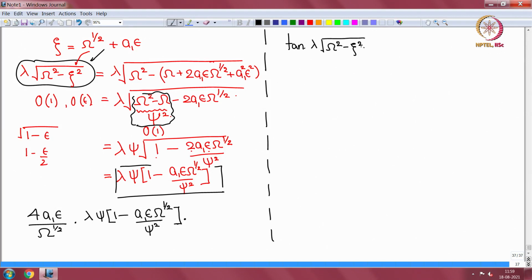Now we have done lambda omega square minus xi square, so we should not have to do anything here. So it will look like tan lambda psi into 1 minus a1 epsilon omega to the power half by psi square.